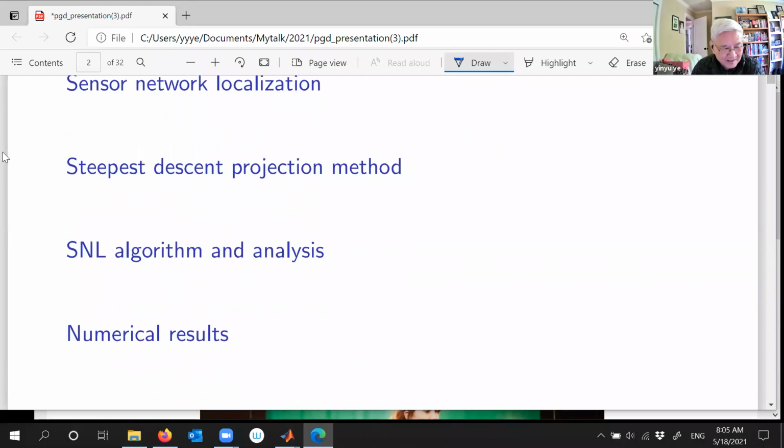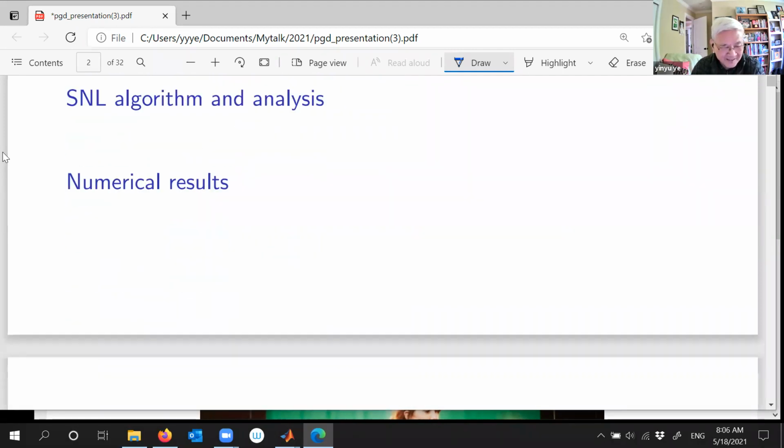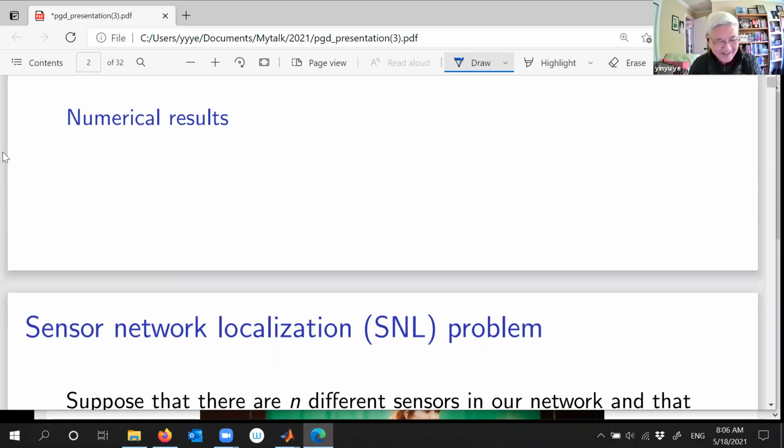In particular, we are talking about applications for tracking algorithms and analysis. Finally, I'll talk about the numerical results and give some demonstration of the effectiveness of these algorithms for these problems. You can stop me anytime and ask questions.